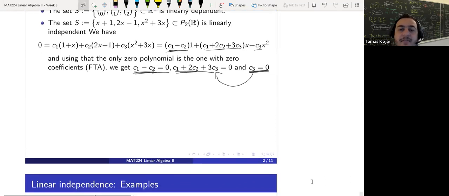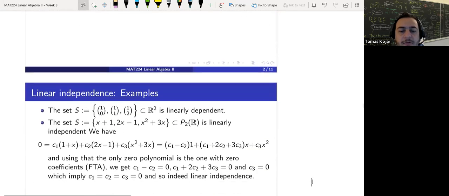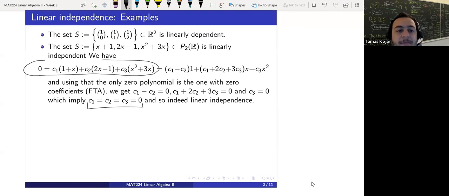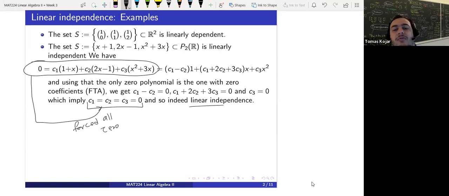Okay, I think that's okay, right? I can do it in detail if you want. So that will indeed give you that all 3 of them are 0. So what happened was that asking for this forced the coefficients to be all 0. And that's exactly the definition of linear independence. Okay, that's all.